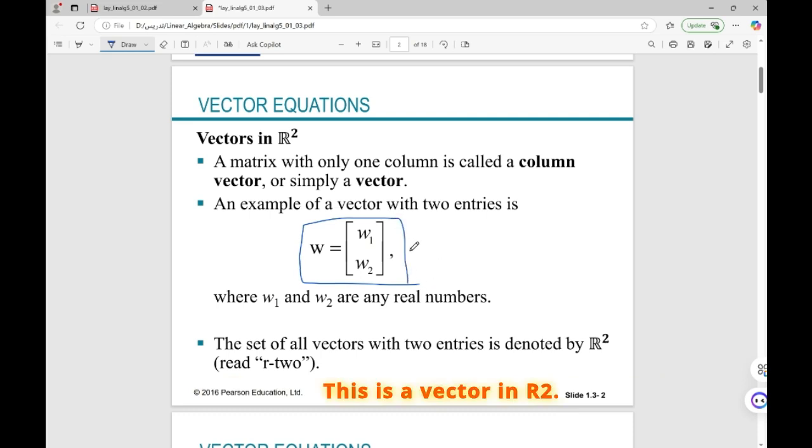This is a vector in R2. In general, a vector in Rn has n entries, n rows, and one column.